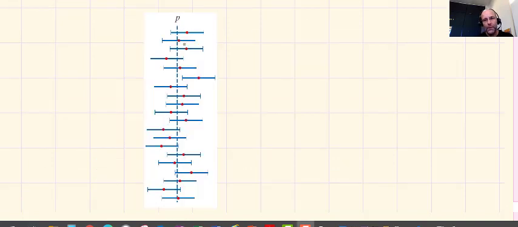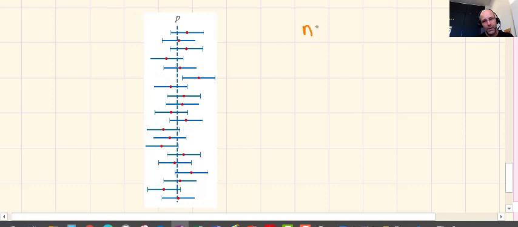If we visualize this concept, and if we've got 20 trials here, this is the true population parameter we're trying to find, we don't know it, but it's represented by a dotted line.